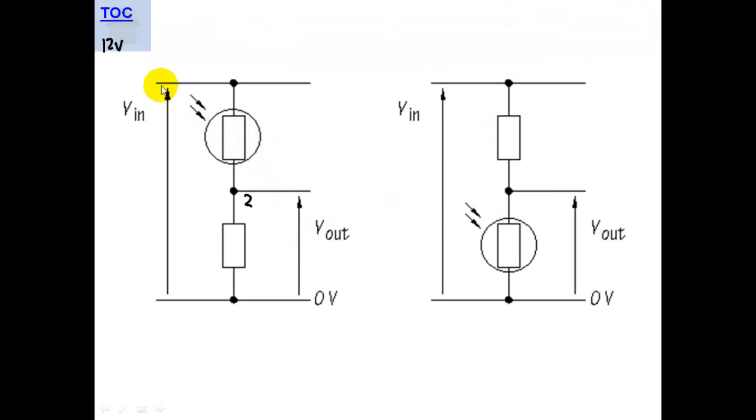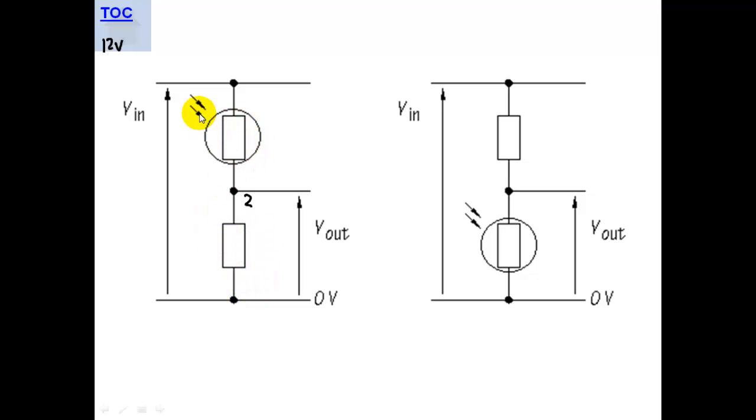If we have 12 volts across here, and let's say these are comparable resistances, this will be half the voltage there. But let's say when light falls on this, the resistance of this one goes down. So then this will have a much larger share of the potential difference, because this resistance has gone down.